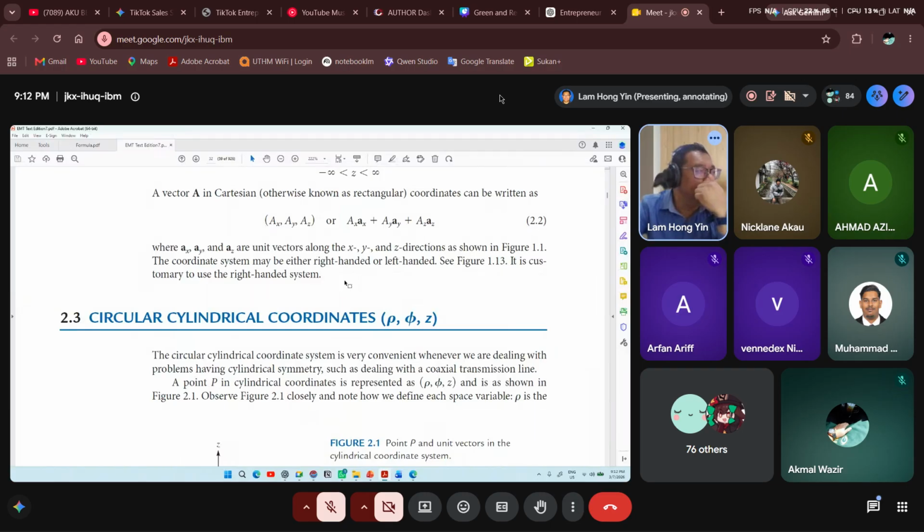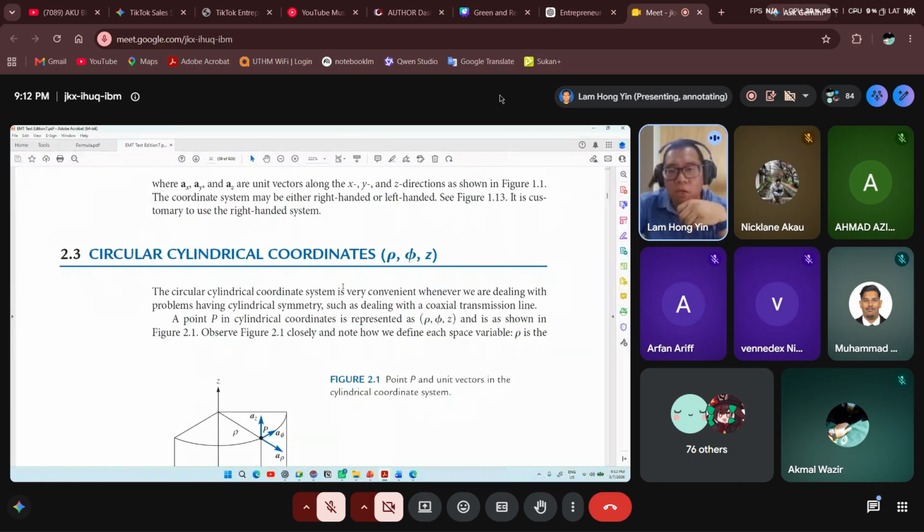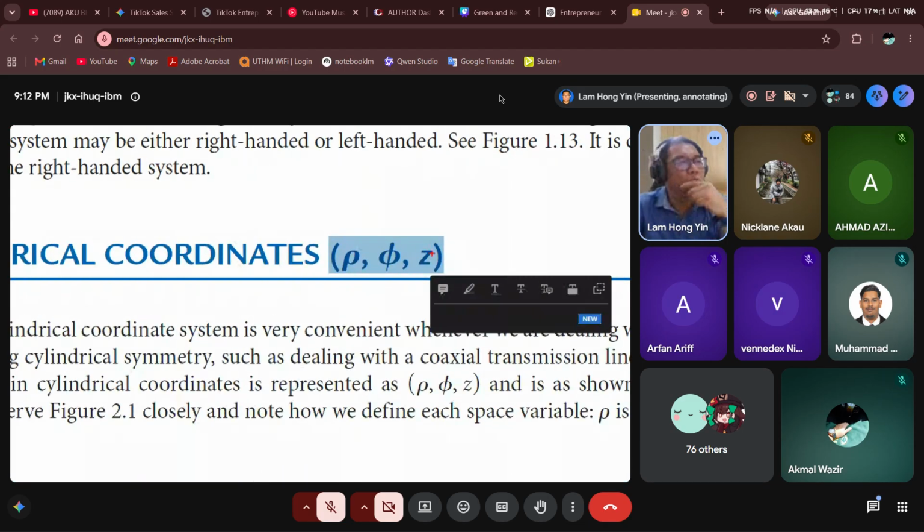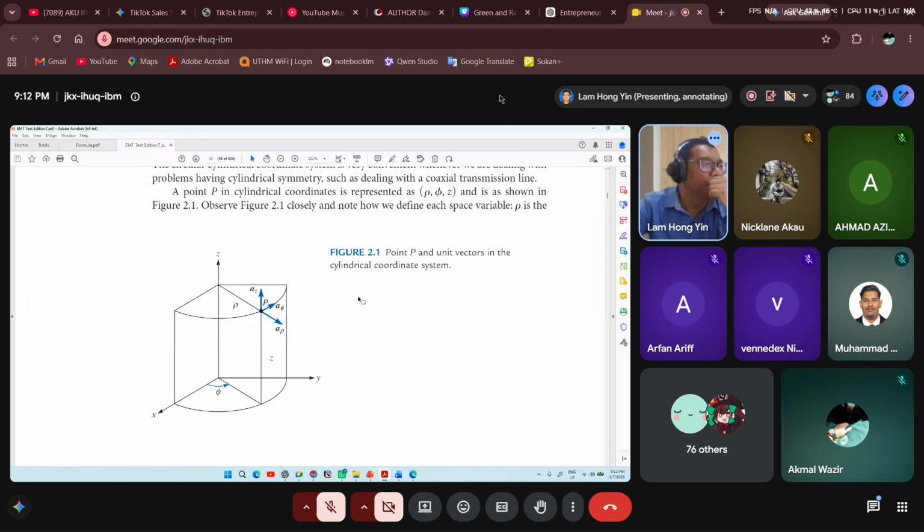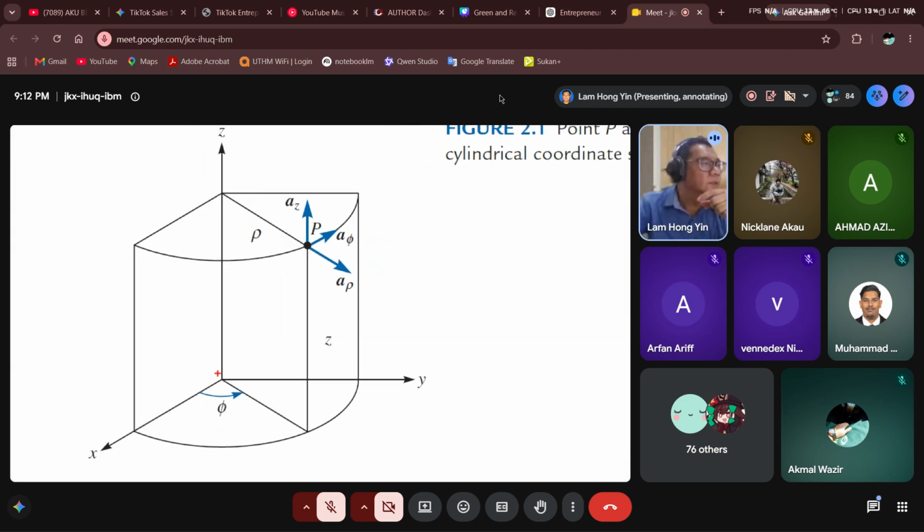Then there is another type of coordinate system, what we call circular or cylindrical coordinate systems. In these coordinate systems, we use three parameters, rho, phi, and z. And how do we represent these three parameters? Take a look at this one, right? So this is the cylindrical coordinate. Rho is actually the radius.